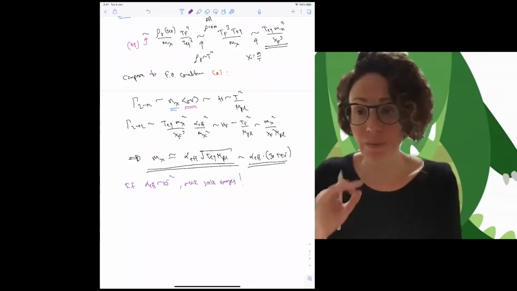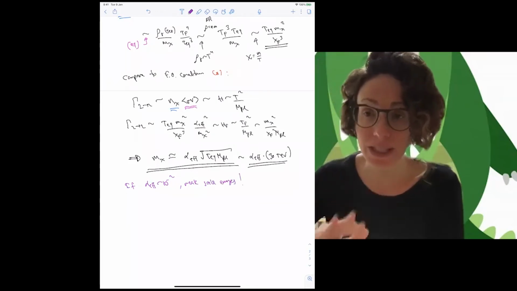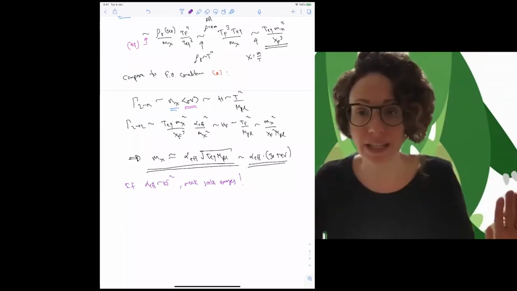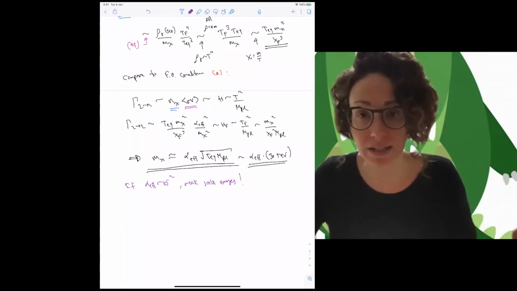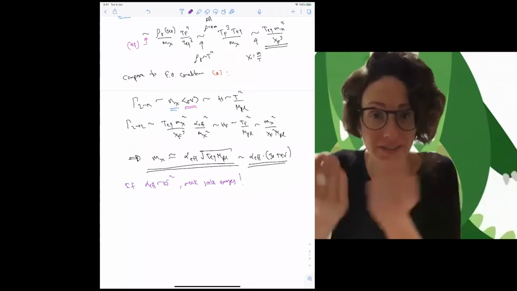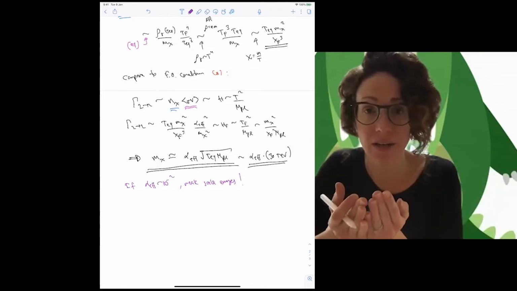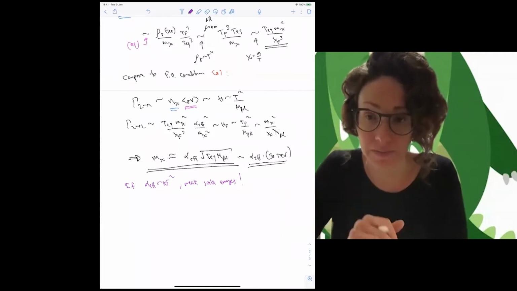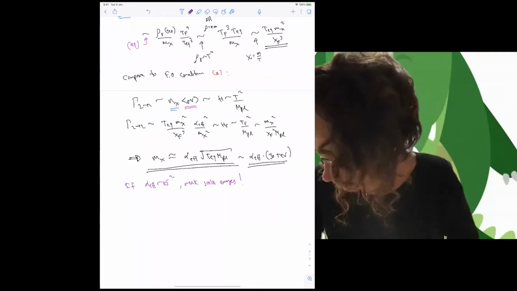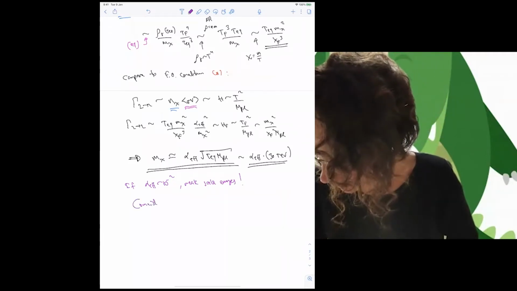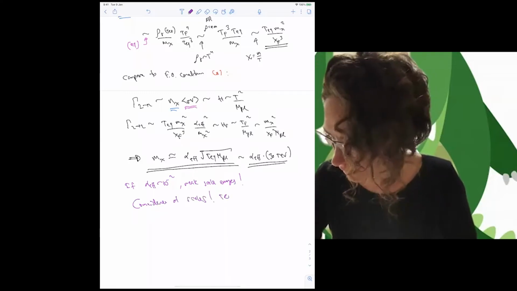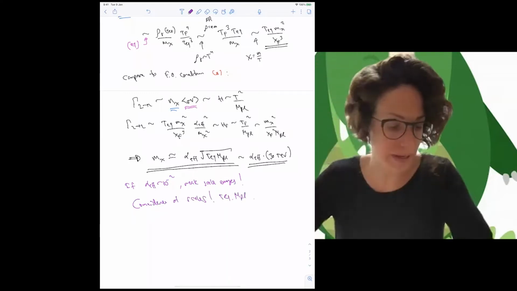And what I'd like to stress here is that this is a complete coincidence of scales. We have two completely unrelated scales, T equality and m Planck, that contrive together to give us a geometric mean, which, if we put in a weak coupling, gives us the weak scale. This is a coincidence of scales between T equality and m Planck.